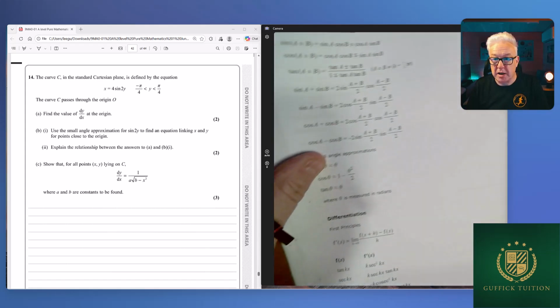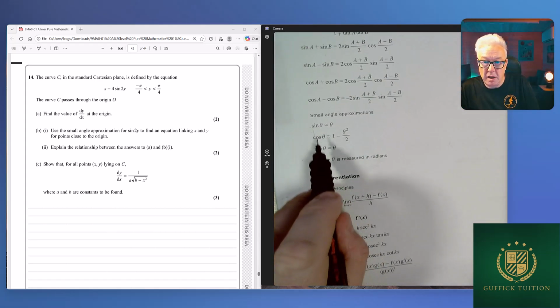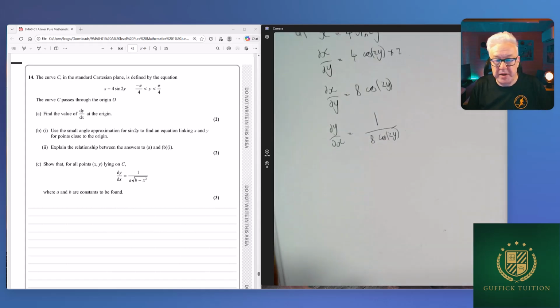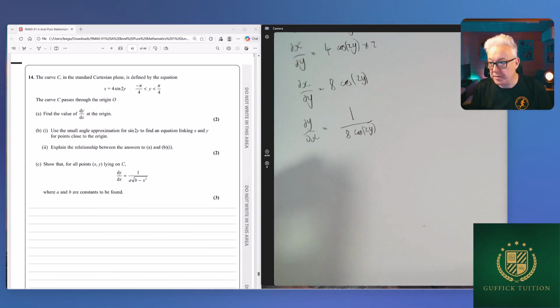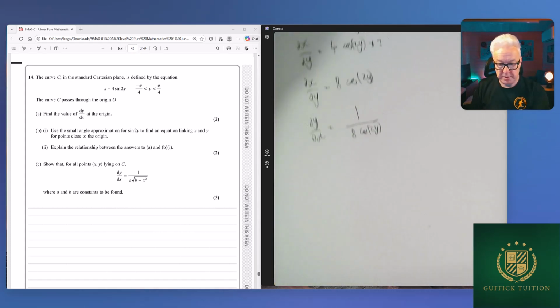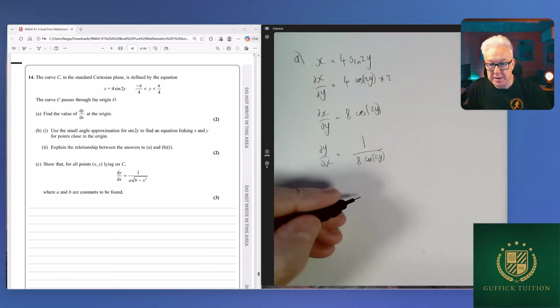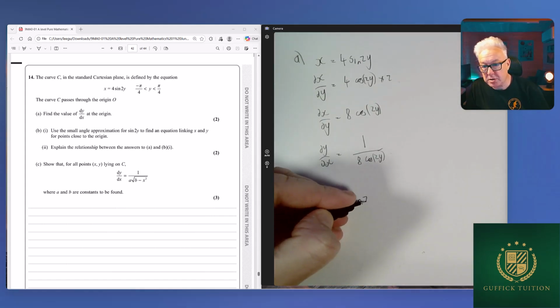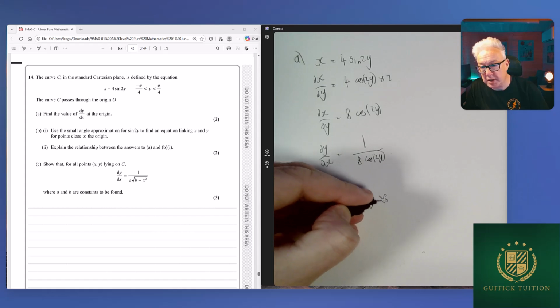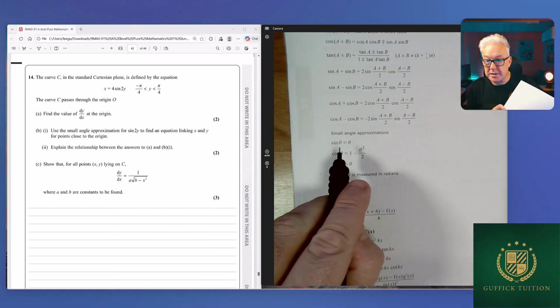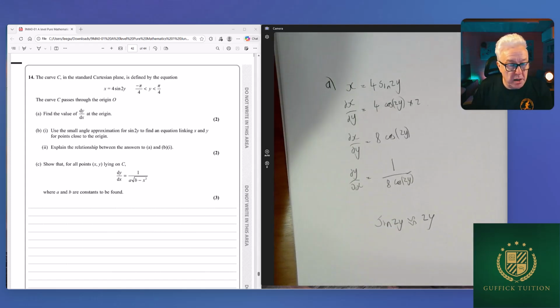Our small angle approximation is that sine theta is approximately equal to theta. So that means that sine 2y is approximately equal to 2y, using that law there.